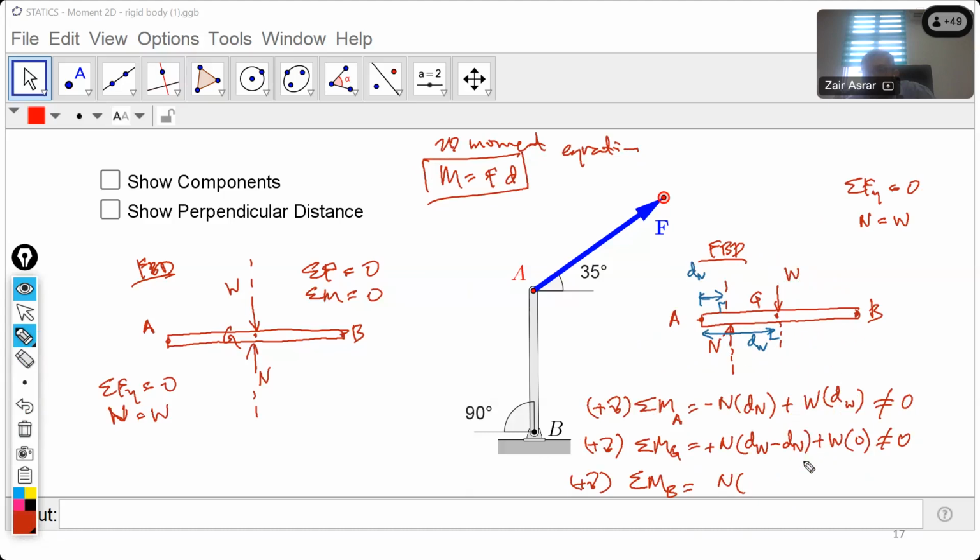So basically from n to B, the distance will be equal to dw. How do I get that dw? Very simple. A to W, the distance is dw. So basically the distance here is also dw. So from n to B, it will be equal to dw plus dw minus dn.